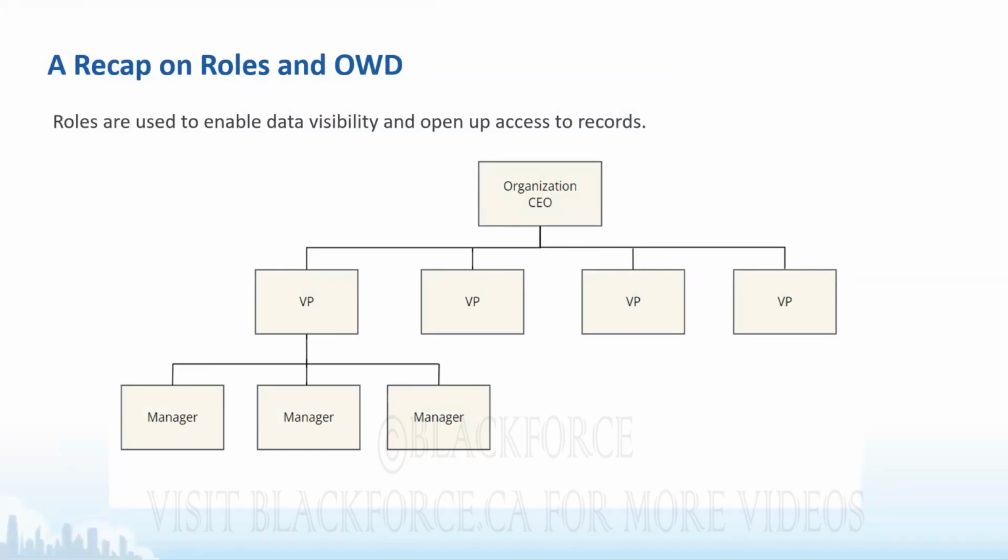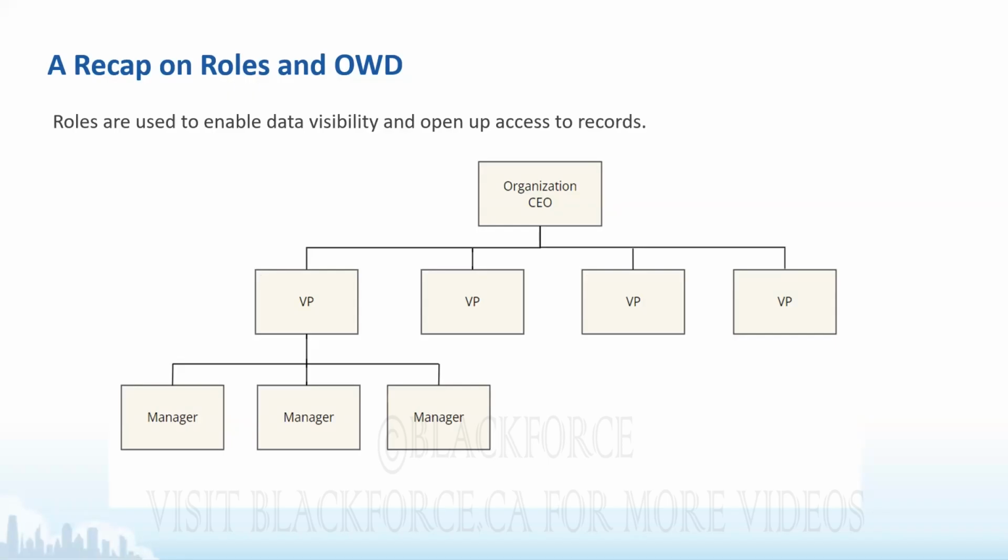So I want to start with a recap on roles and org-wide defaults. So roles are used to enable data visibility and open up access to records. So what does that mean?